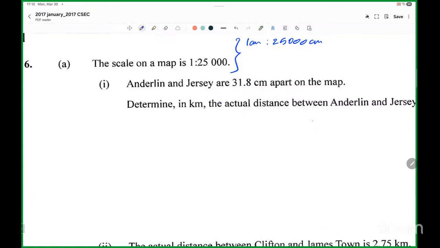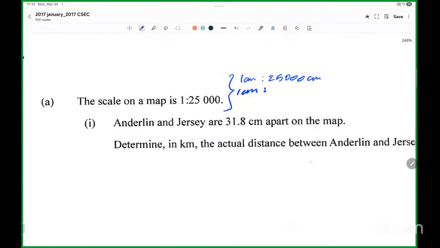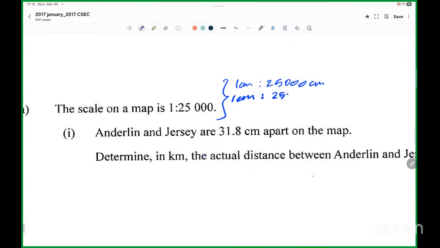And they want to convert this 25,000 centimeters. So it will be 1 centimeter on the map, and the land divided by 100 will be 250 meters because 100 centimeters make a meter. And then if you want to get it in kilometers, you then divide this by 1,000 because 1,000 meters is a kilometer.